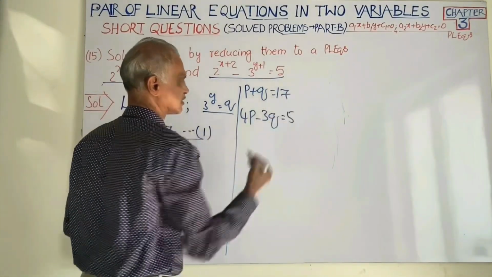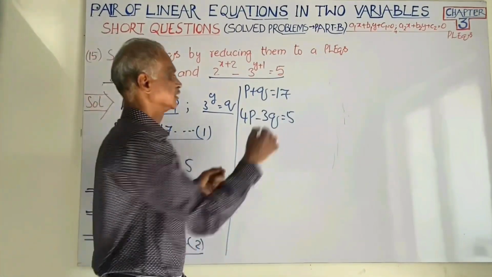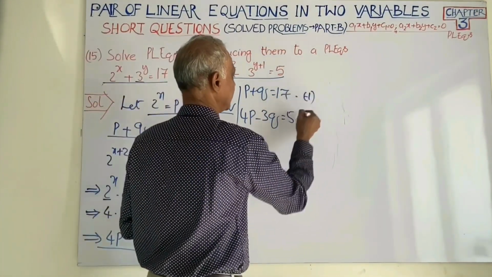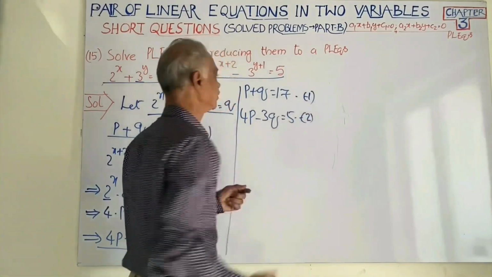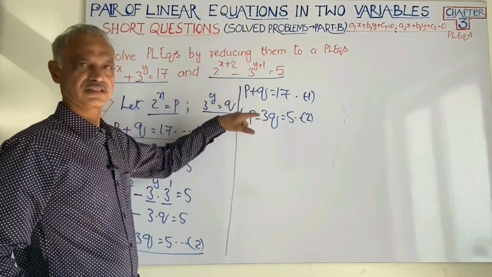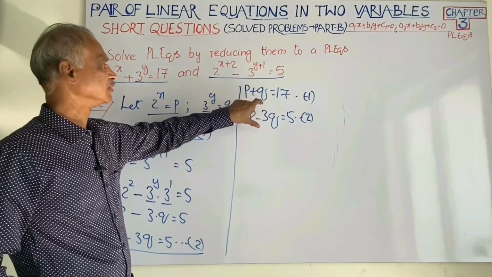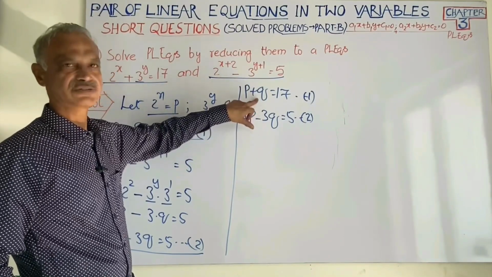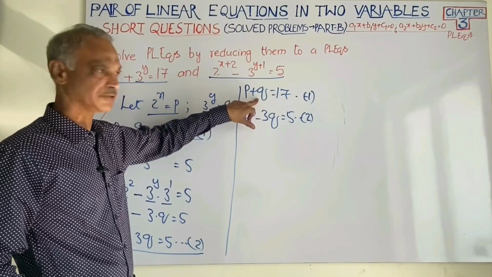We have two equations. Now what do I have to do? This is equation 1 and this is equation 2. We have to make these two terms equal, which means we have to multiply equation 1 with 3. It is easy for you.